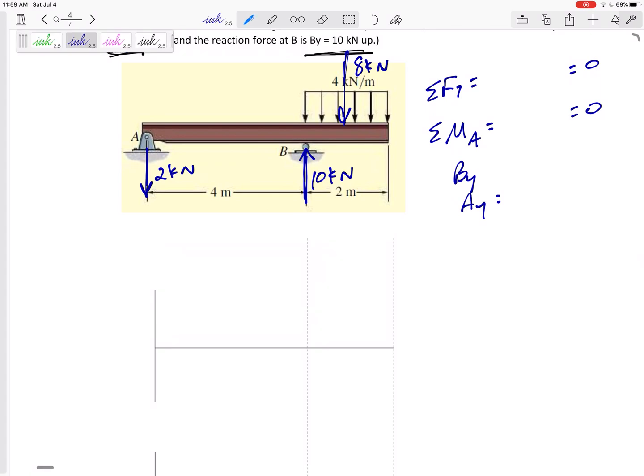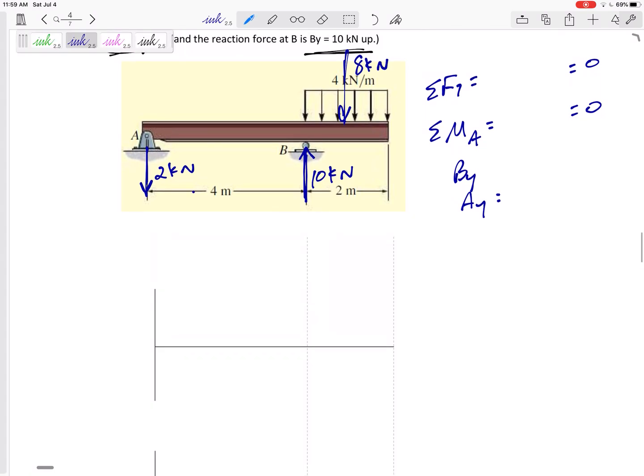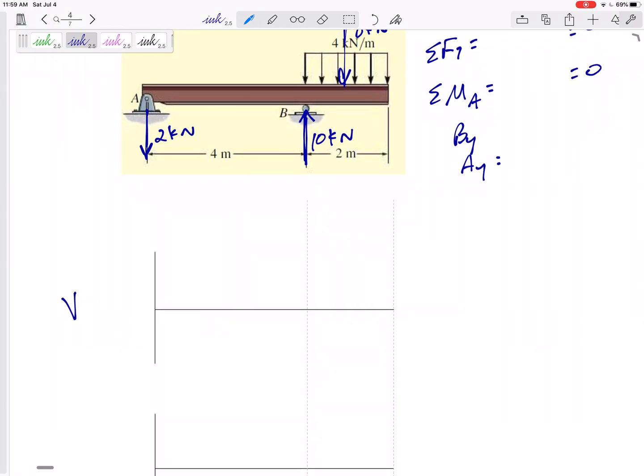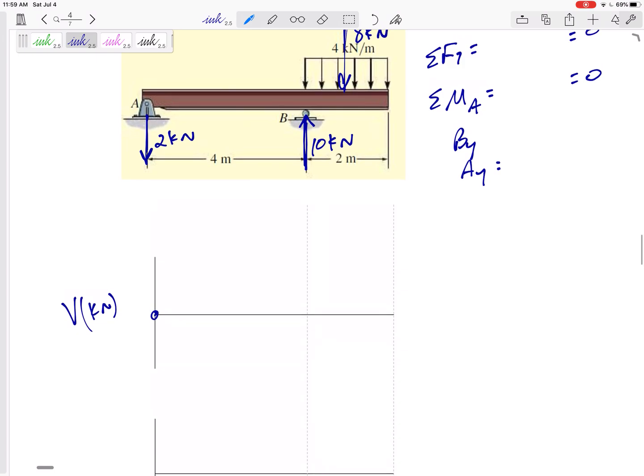For the shear diagram, I'm just looking at forces and distributed loads, and it literally just pushes my shear diagram up or down. So here's my shear diagram. Start at 0, and then immediately what happens? I get pushed down by 2, so draw me that -2 right there.